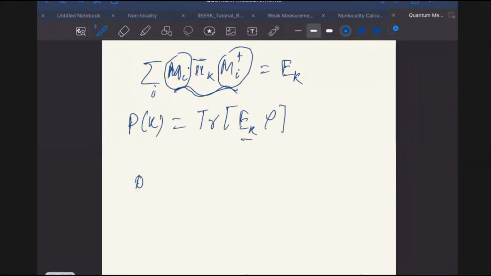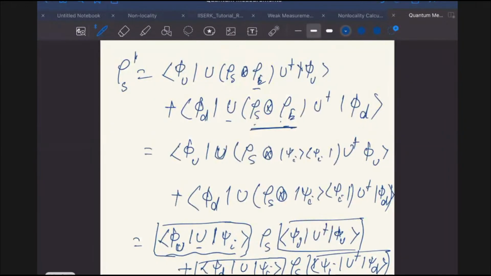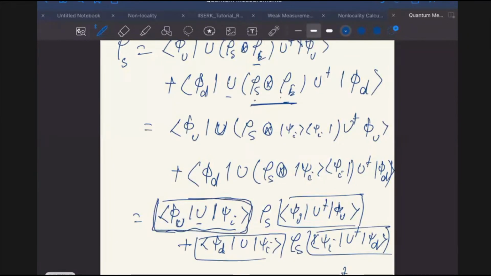The Kraus operators contain φ_u and ψ_I, so this is a function of the environmental degree of freedom, the position, and also the spin degree of freedom.